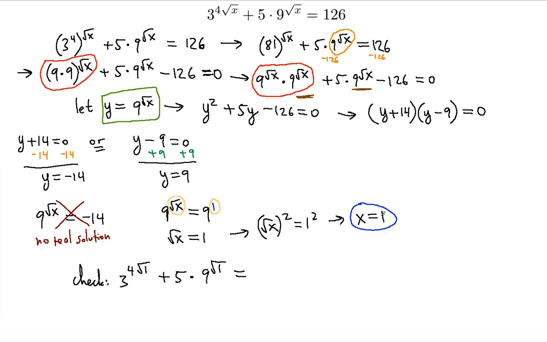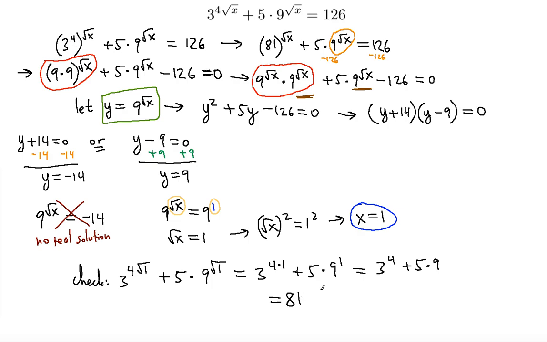It is a solution. So square root of 1 is 1, so that means 4 times 1, the exponent, plus 5 times 9, square root of 1 is 1. So let's see what that gives us. 3 to the 4th plus 5 times 9. Originally we knew 3 to the 4th was 9 times 9, which is the same as 81, right?